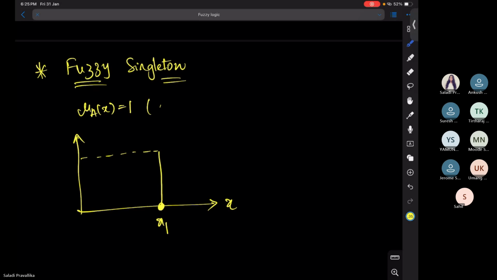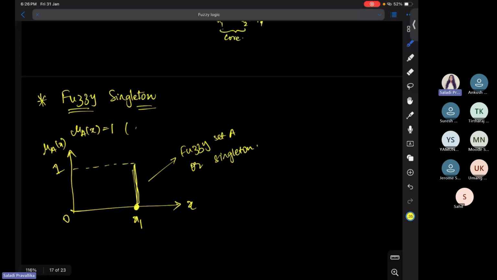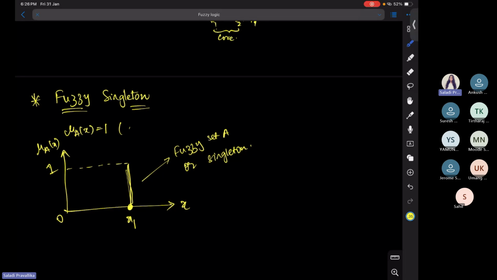This is x1, and this is 1, and mu of x is 0 elsewhere. Right? So we have only one point, that is this line at x1. So this is a fuzzy set A, a singleton. This is only going to be the support, and this is only going to be the core of the fuzzy set as well.